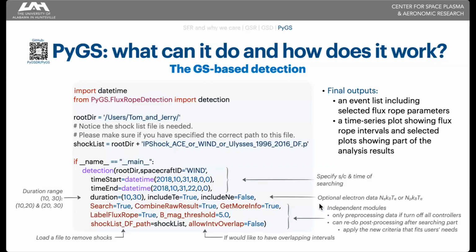If someone would like to redo the post-processing without searching, they can just turn it off. We also have a controller to load a file to remove those intervals containing shocks. This shock data file is from the IP shock database. We also have one more controller to let people decide whether they want to have overlapping intervals or not.